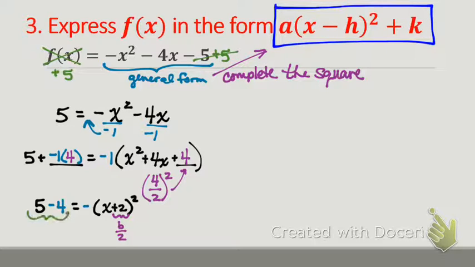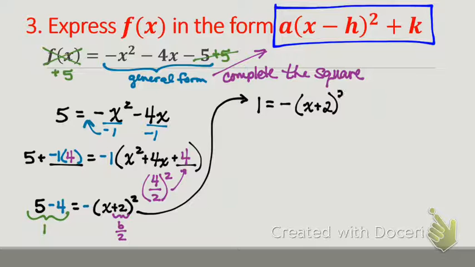Can we simplify this? Yes. What is that? 1. All right. I'm going to bring my work over here. So I have 1 equals negative, and then x plus 2 squared. Now I'm going to bring that value back over because that's my k value, and then I can use my function notation again.